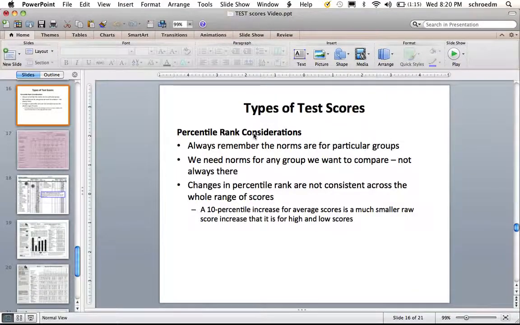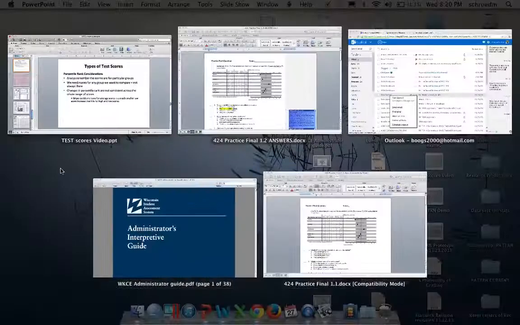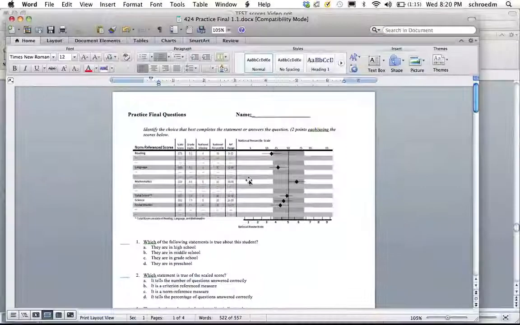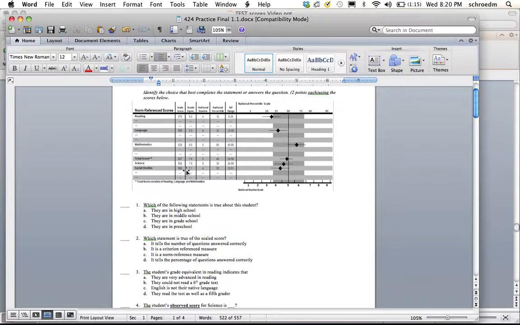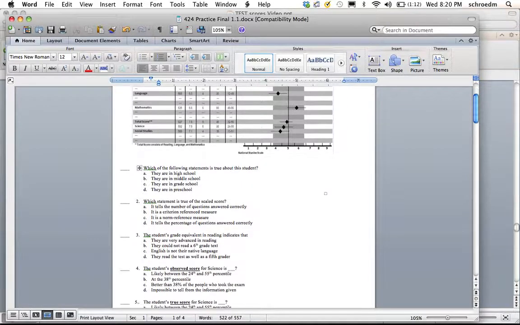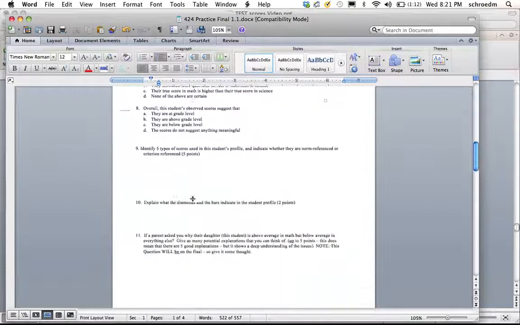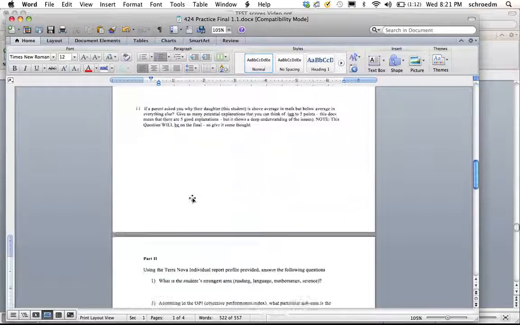And that concludes our exciting foray into standardized tests. I will be attaching a set of questions about this, and these are the kinds of questions about the output that I will be asking on the final. You have some standardized output, and I'd like you to try to answer these questions based on what you have learned thus far.